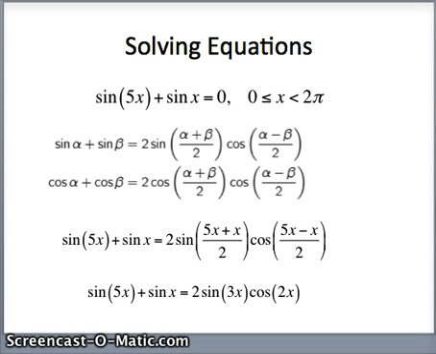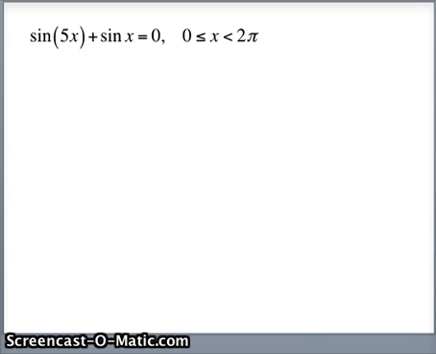And our original equation asked us to set that equal to 0. If this equals 0, then this product equals 0. And you see, if the product equals 0, we have an advantage, because one of these factors must be 0. 2 can't be 0. So either sine 3x will be 0 or cos 2x will be 0. So again, here was our original question.